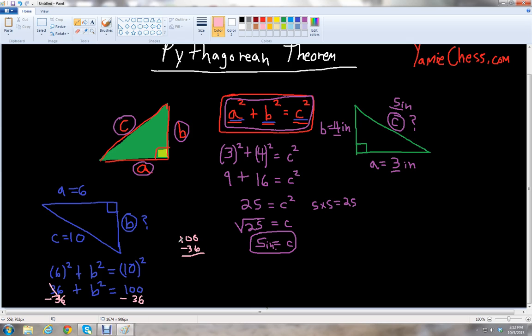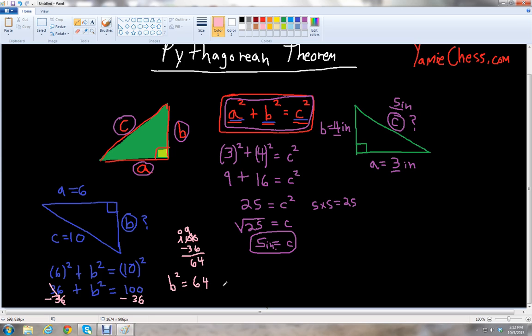Let's borrow. So that 10 becomes 9. 10 minus 6 is 4, and then 9 minus 3 is 6. Got my numbers mixed up there. It's 64. So we have b squared equals 64.